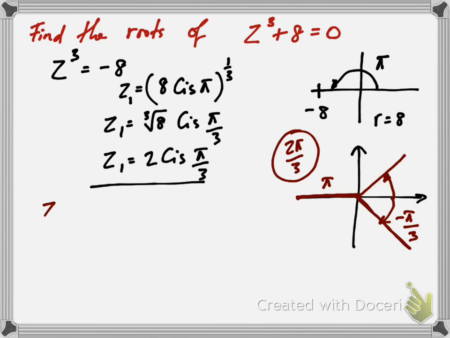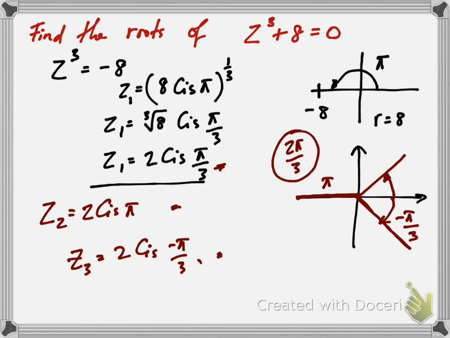So your z2, second root, would be 2 cis pi. And the third one would be z3, which would be 2 cis minus pi over 3. So the solution for this particular question would be these 3 roots, 1, 2, and 3 in the 360 degrees.